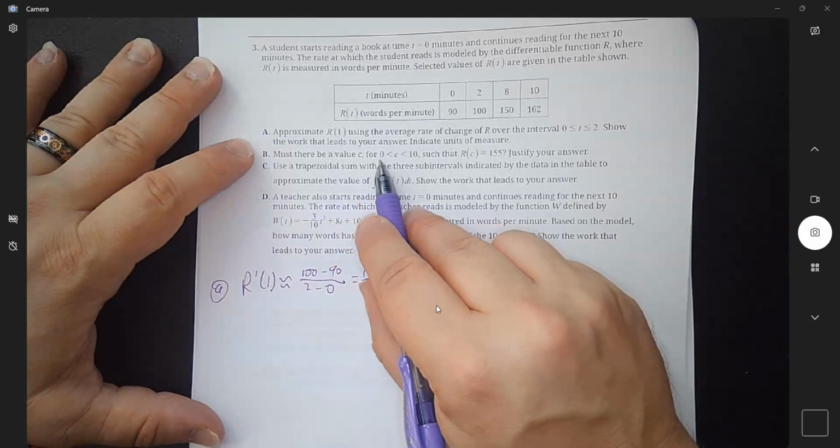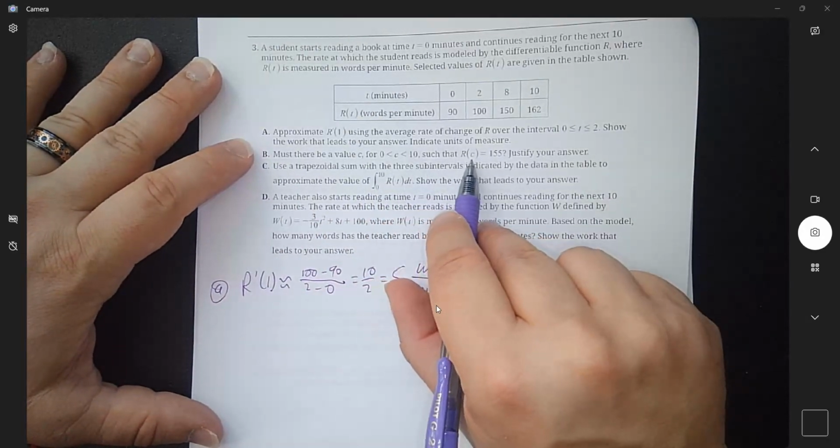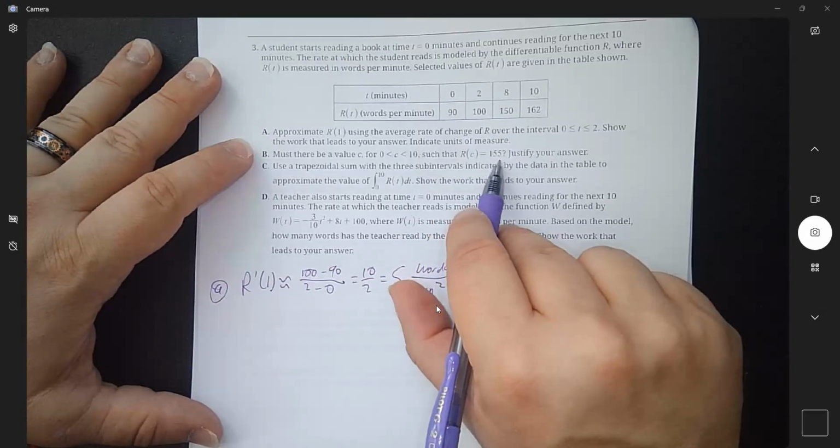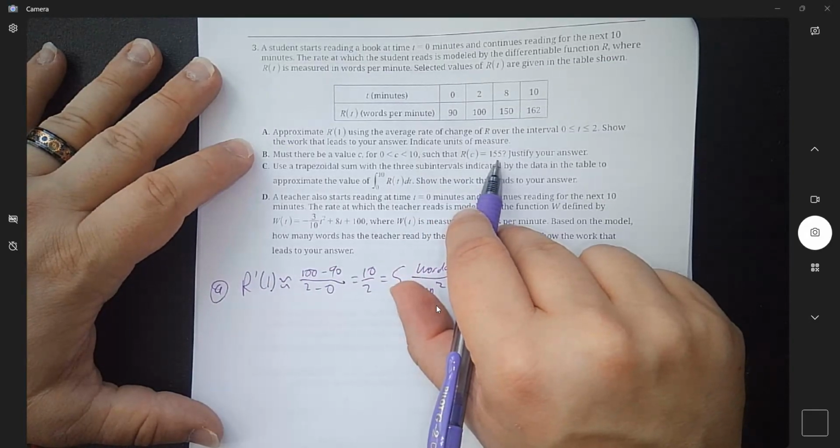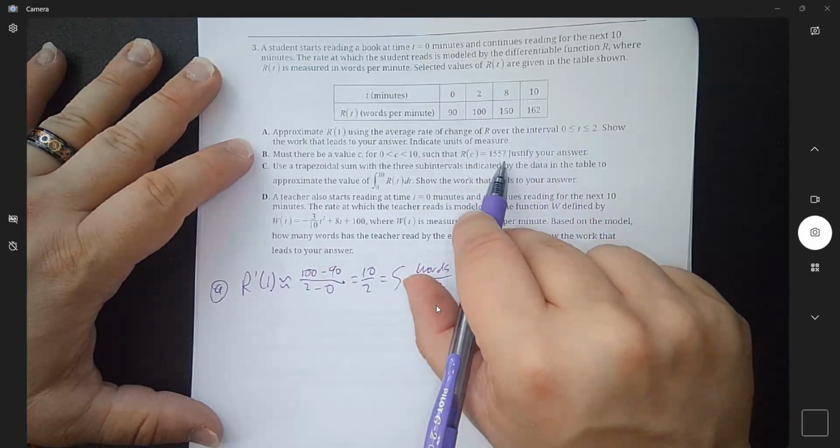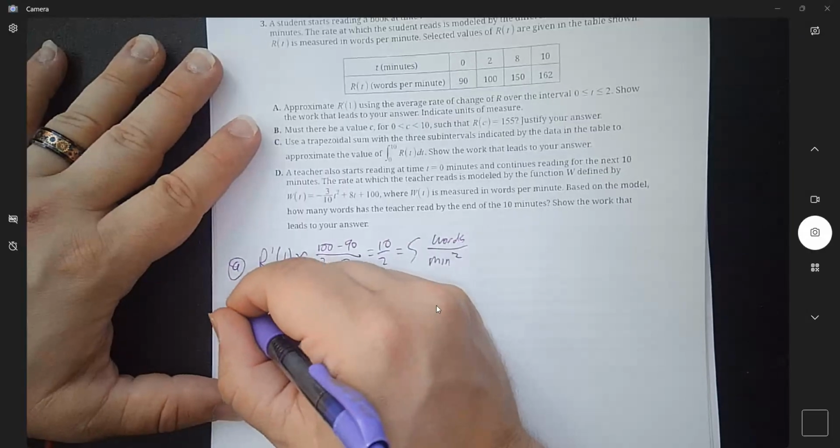Okay, so that was A. Must there be a value of c from 0 to 10 such that r of c is 155? I'm going to say yes.